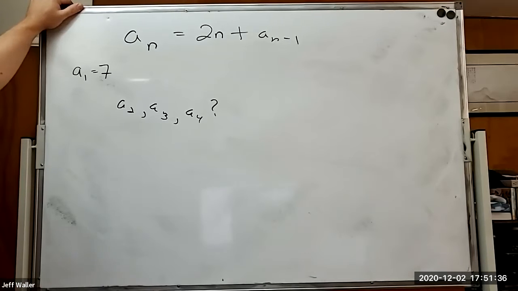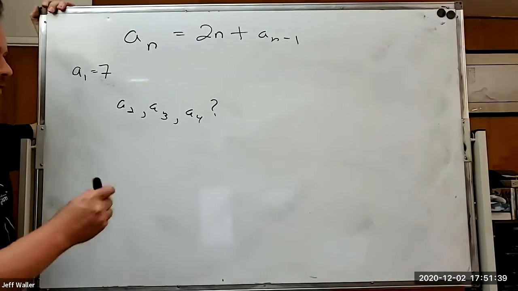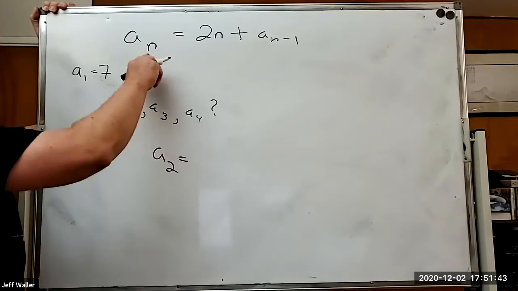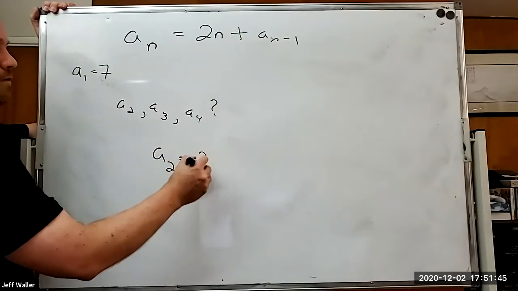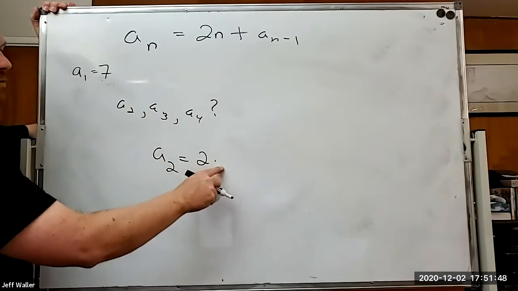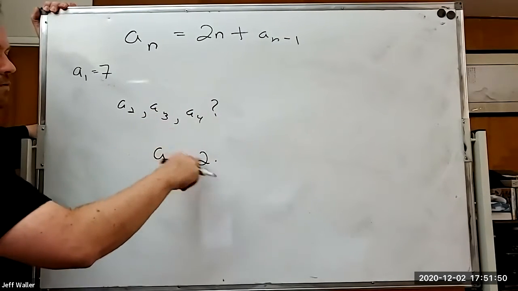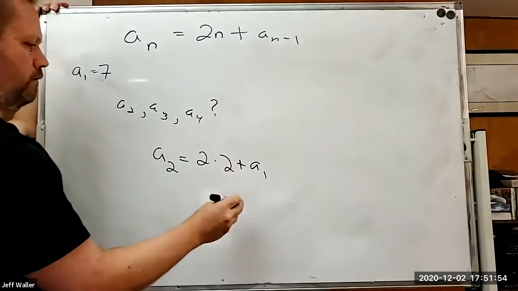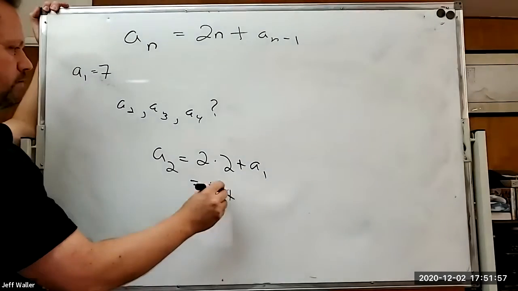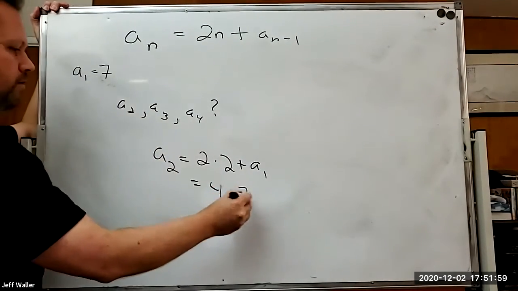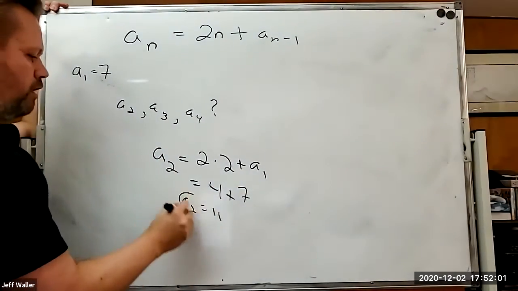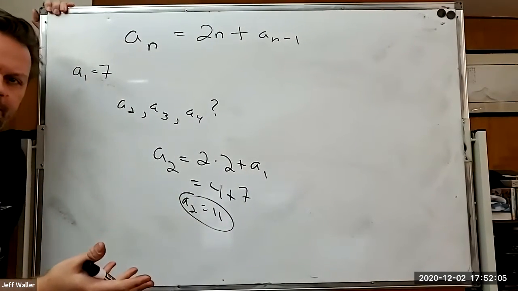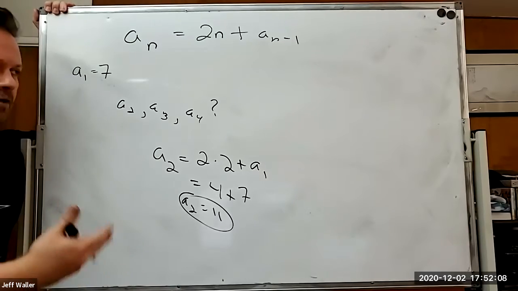So you can be very formulaic about this, especially when you're brand new to this. What is officially A2 by this definition? 2 times 2 plus A sub 2 minus 1, and of course A sub 1 is 7. There's nothing wrong with being very explicit with your work when you're first learning this stuff.